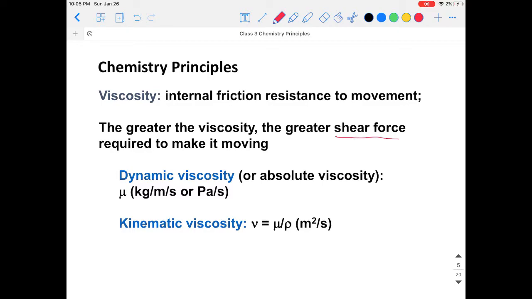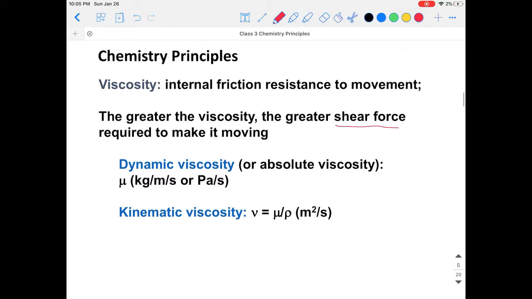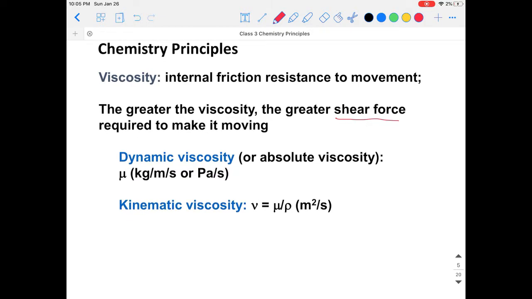In terms of the parameters that we can use to quantify the viscosity, we can either use dynamic viscosity, also called the absolute viscosity. We normally use mu, and mu has a unit of kilogram per meter per second or Pascal second. Basically, these two units are the same.